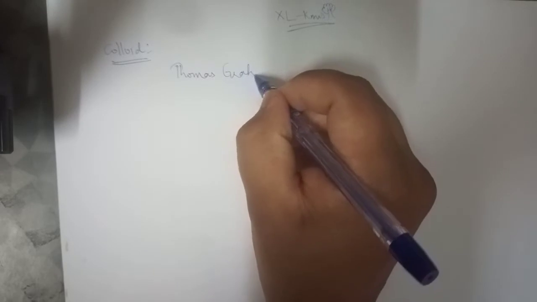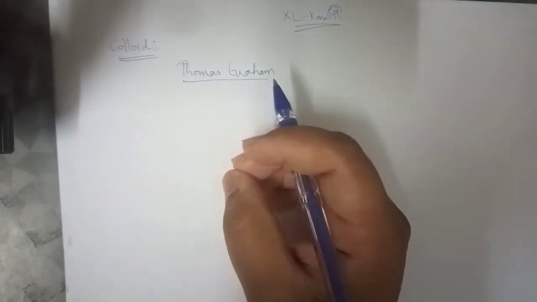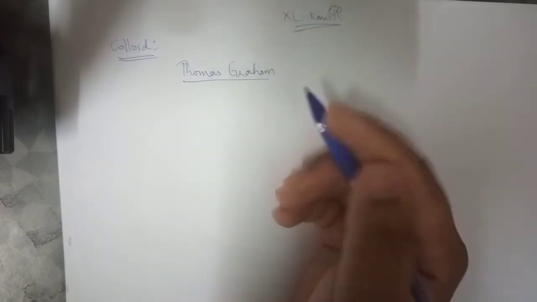Thomas Graham. According to him, the substances, that is the mixtures, are divided into three categories, depending upon their size or ability of separation, or the various factors.